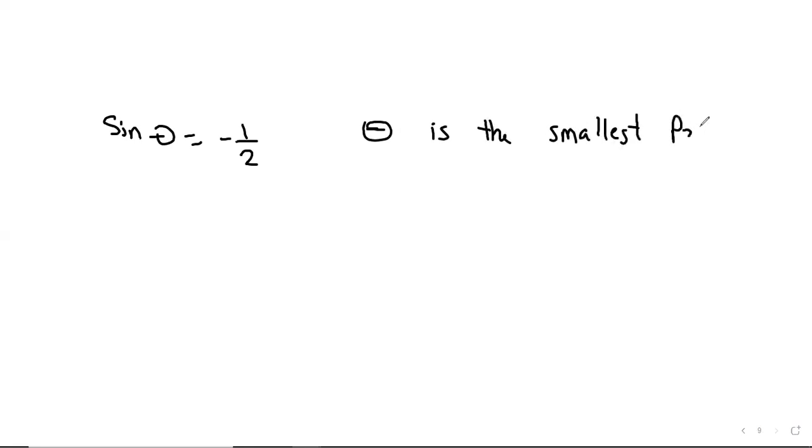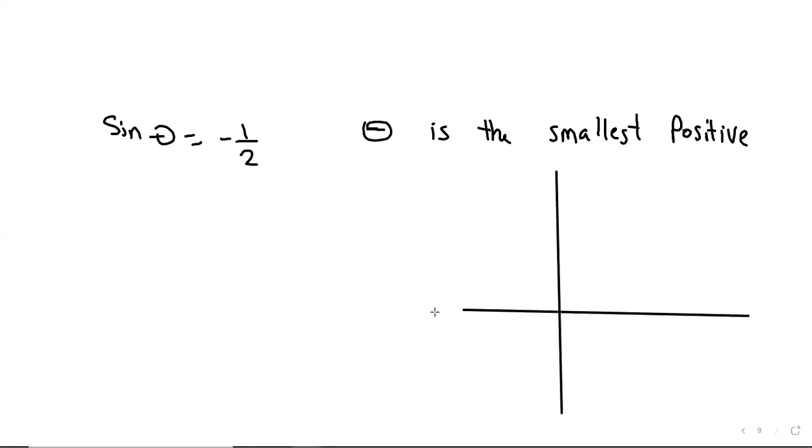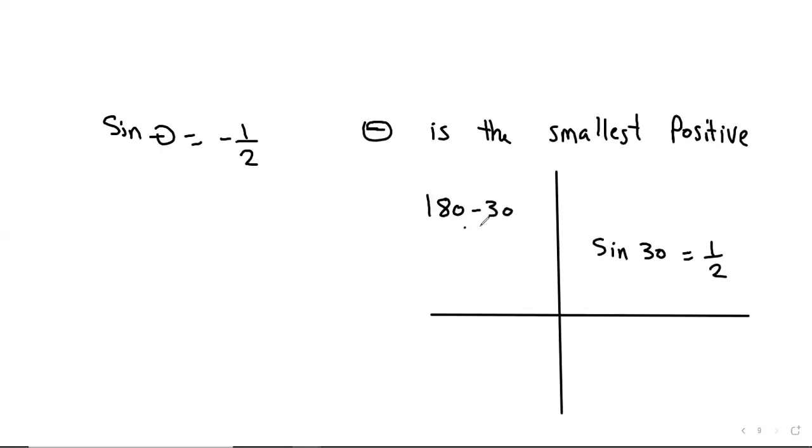Let's find the angle whose sine is half. Sine 30 equals half. In the second quadrant, it's 180 minus theta, and 180 minus 30 is 150. Sine is positive there, so sine 150 is half.